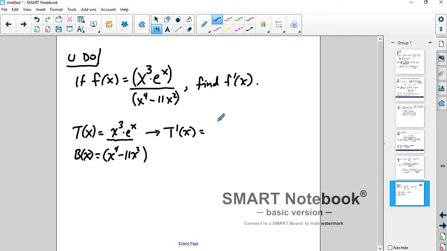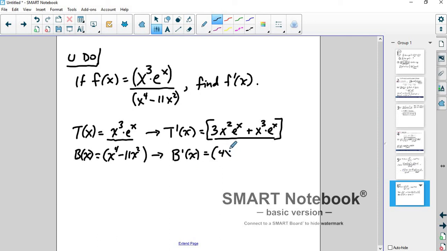I have a product, which means I have to do the product rule. Derivative of the first times the second plus the first times the derivative of the second. So see, inside of the quotient rule, I'm doing the product rule because there's a product in my numerator. And that's where I got all that. The derivative of the denominator is easy, 4x cubed minus 22x to the first.